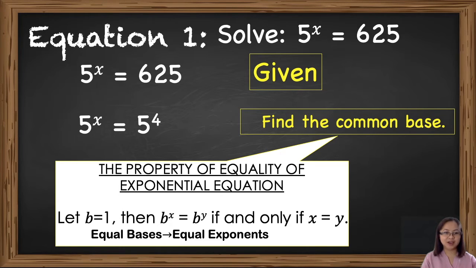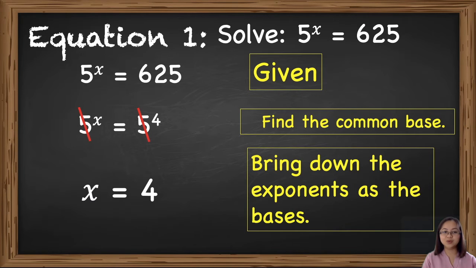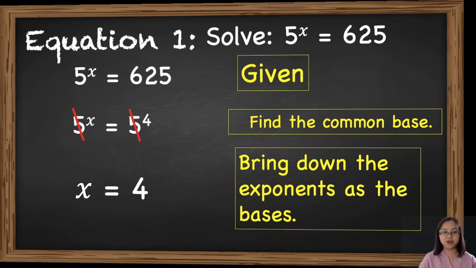In this case, 5 to the x equals 5 to the 4th, we could now cancel the 5. And we are only left with x is equal to 4. So we'll just bring down the exponent as basis. And there you have it. It's already solved. We have x is equal to 4.